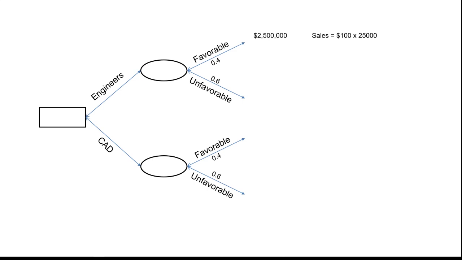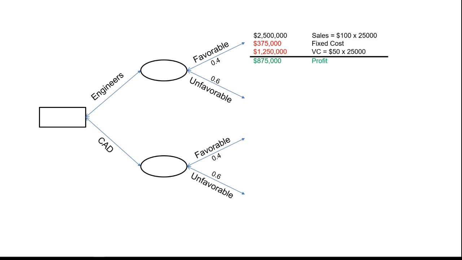The fixed cost, in the case of engineers, was 375,000. I also need to subtract the variable cost, which is $50 each for 25,000 units, so that would be 1.25 million. If I subtract the variable cost and the fixed cost from the $2.5 million revenue, I end up with a profit of 875,000. That was pretty simple enough.